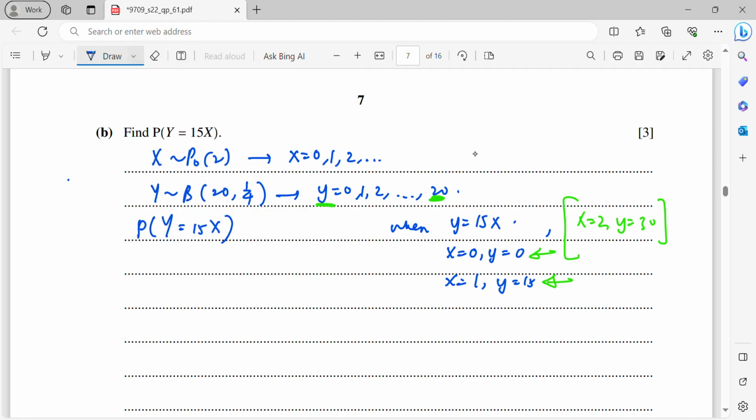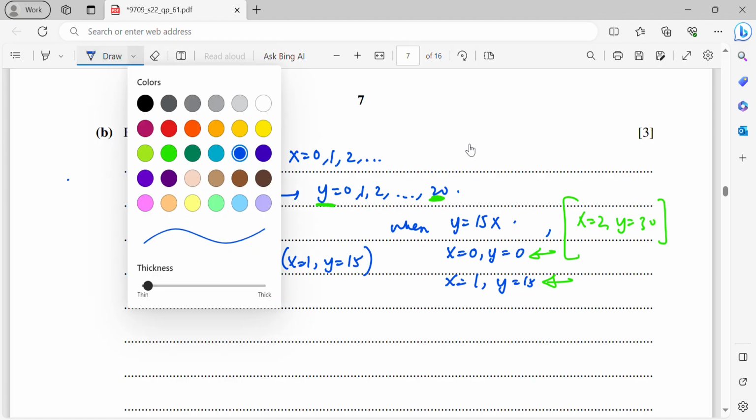So this probability is the same as P(x equals 0, y equals 0) plus P(x equals 1, y equals 15). Just these two cases. So now you have to count the probabilities.